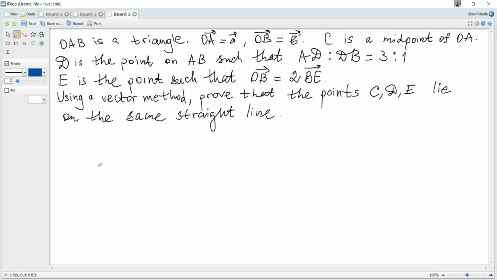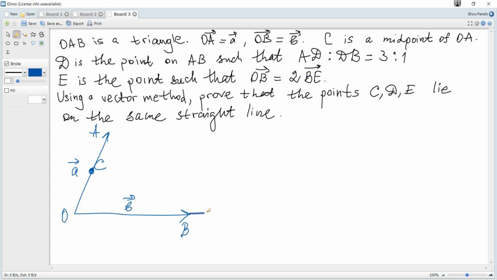So, it is given OAB is a triangle, so OA vector is just vector A, OB vector is vector B, and C is a midpoint on OA, and BE is 2 times smaller than OB, or OB is 2 times larger or longer than BE.